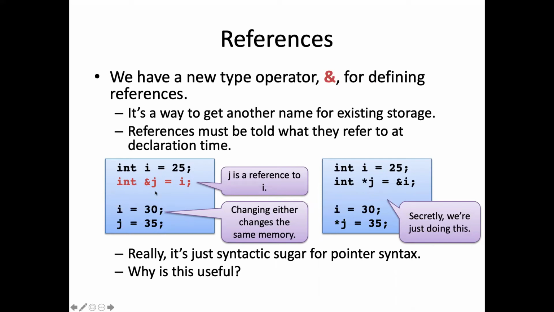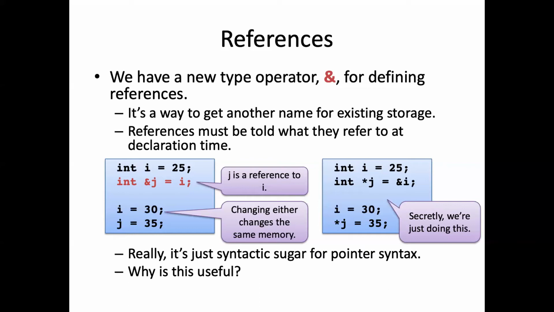Well, with the reference syntax, because it's simplified, there's no way of making j refer to something else after you've created it. Here, j starts out as an alias for i, and if you assign to j, you're really changing i. There's no syntax for deciding, oh, I want j to refer to somewhere else. You can only do that at the time when it's declared.